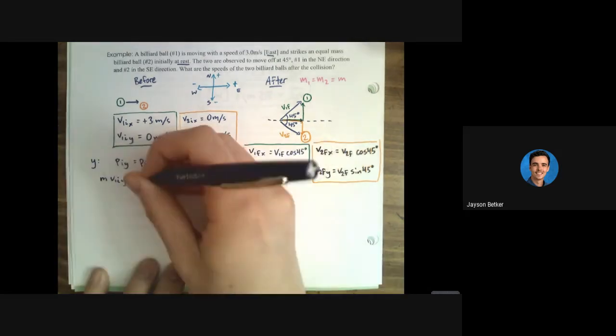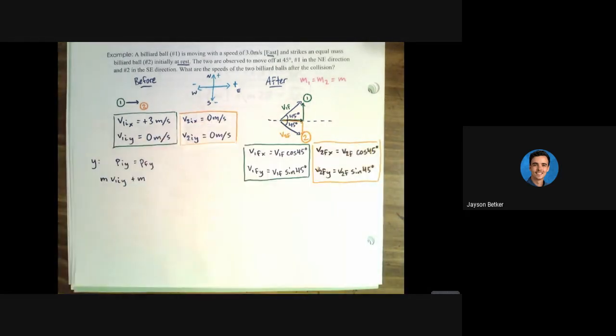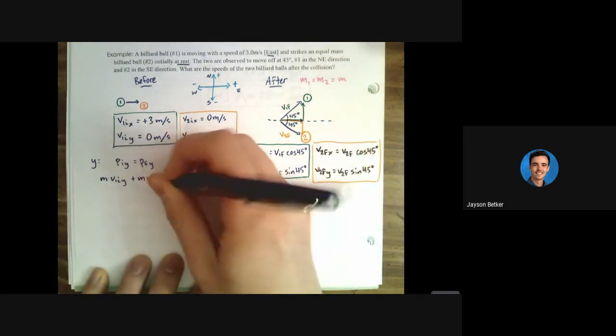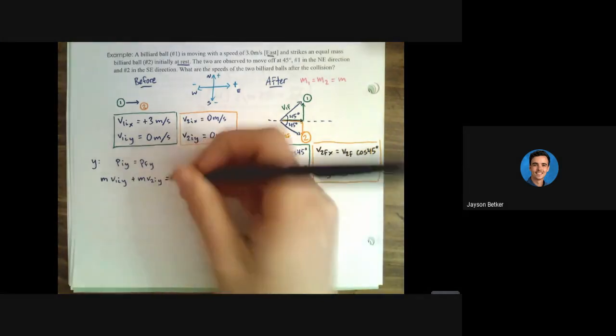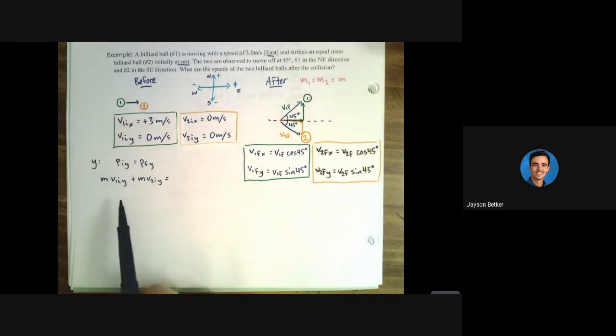Plus m times, for the second one, V2IY is equal to, so that's all of my momentum in the y direction before. Now I need all of my momentum in the y direction after.